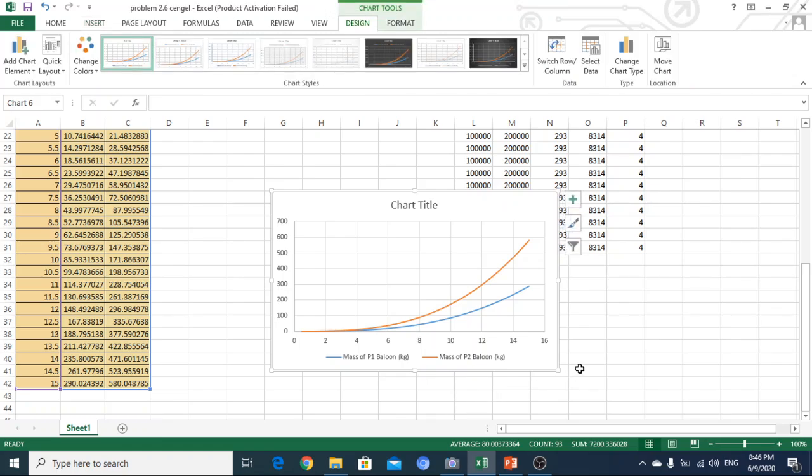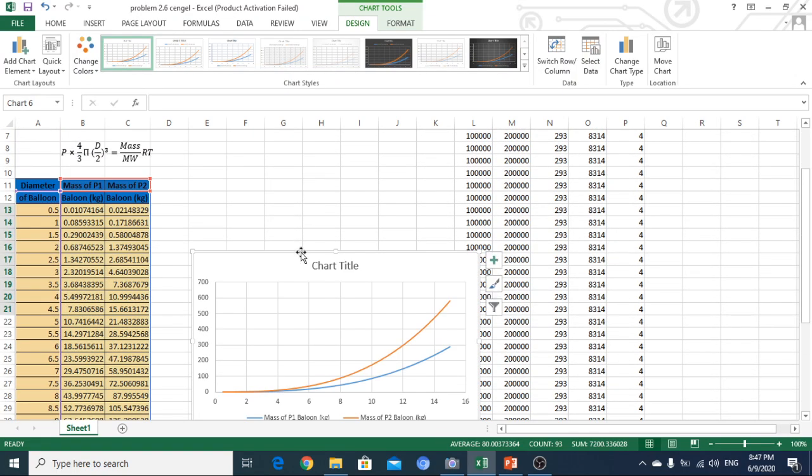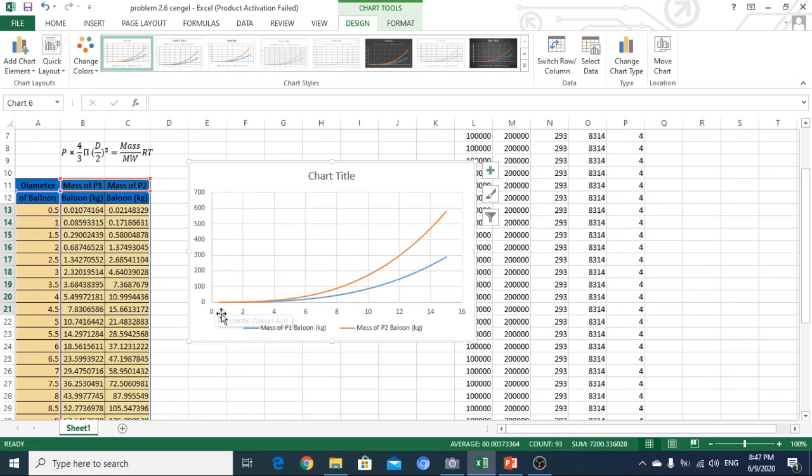So this is the graph you will get against these things, in which in x-axis it's automatically selected the value of diameter, and on the y-axis it has selected the value of masses, and we can find what is the difference between the mass of pressure 1, which is denoted by the blue line, which is far too lower than the mass required to develop the balloon with a pressure of 200 kilopascal.